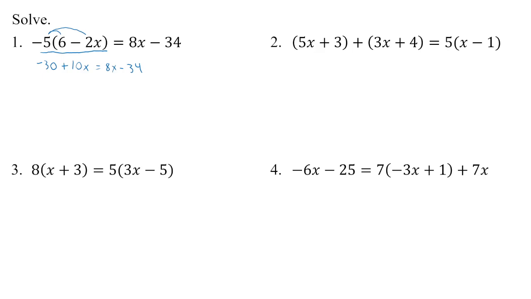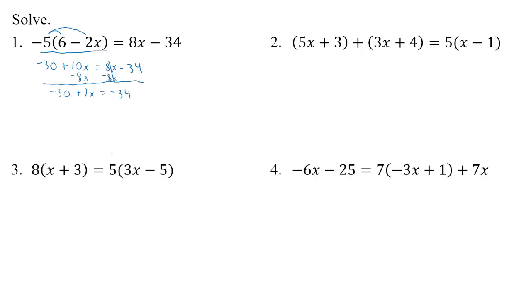So we start off by either eliminating 8x or 10x. Let's say we eliminate 8x. We subtract 8x from this side, and we subtract 8x from this side. All right, so we have negative 30 plus 2x equal negative 34.